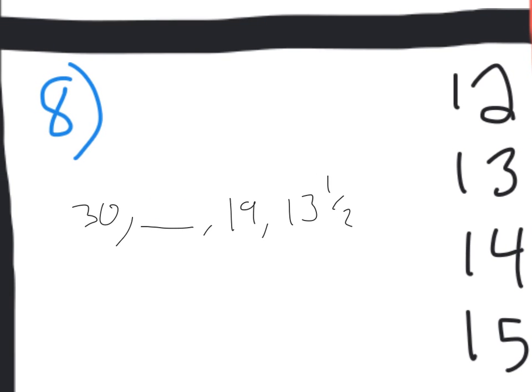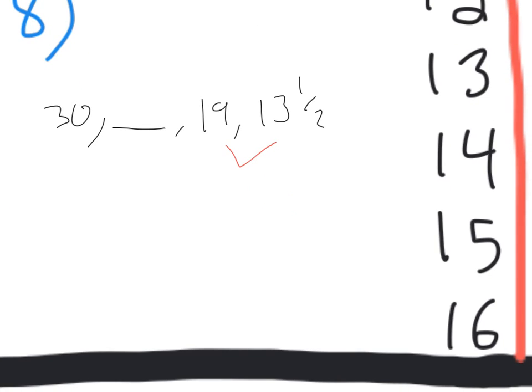The best bet is to determine what is actually happening between your 19 and 13 and a half. How did that value decrease? And here we can actually find out the difference between 19 and 13 and a half.